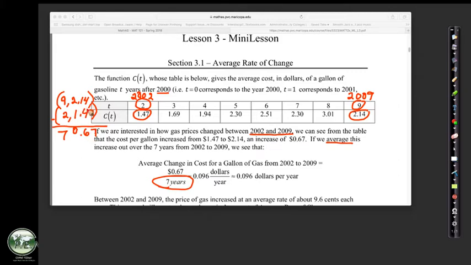Okay, it's 2.14 minus 1.47, and that was 0.67. Yeah, which is what they got here. And then notice what my method is: just take that 7, tuck it underneath, and divide by it. So take 0.67 divided by 7. Do you get the, oh, you went a step ahead of us. Okay, 0.096. Good. And that's all there is to it.